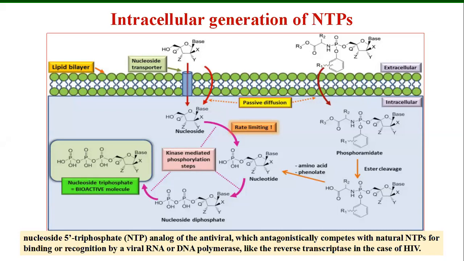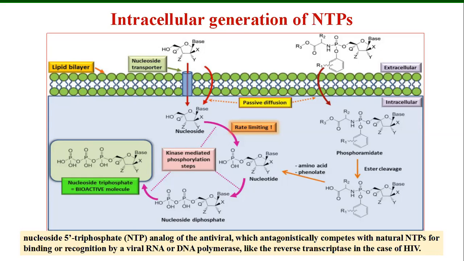Once they enter the cytoplasm, if that cell is infected by HSV, they will utilize the viral thymidine kinase of HSV. Using this kinase, they use 1 mole of ATP and convert into their respective monophosphate. The monophosphate is then converted to diphosphate and triphosphate by host cell kinase.